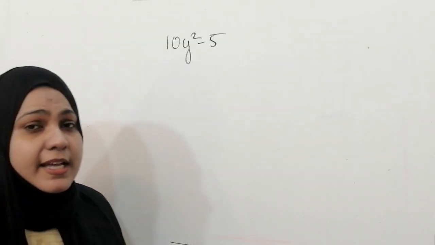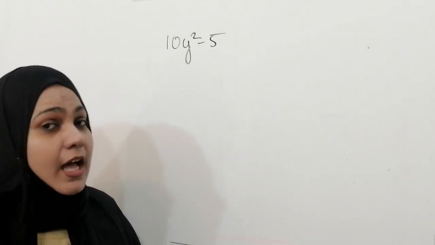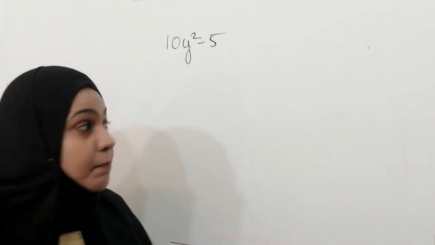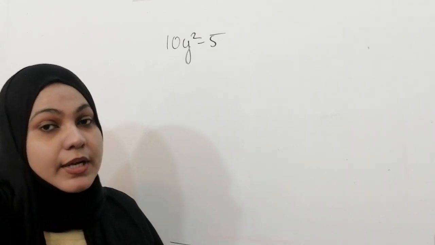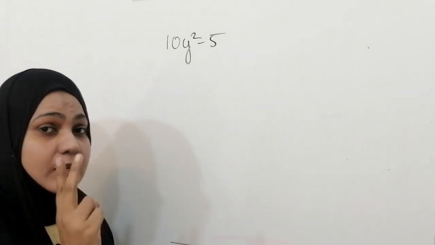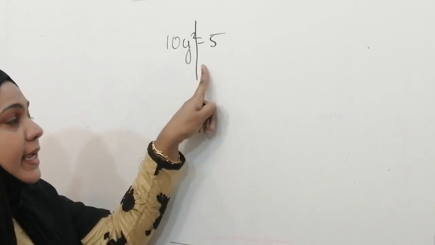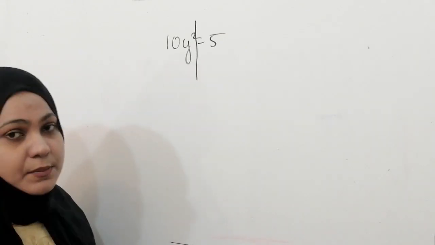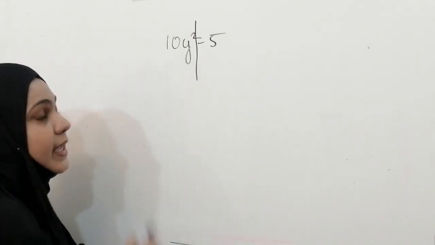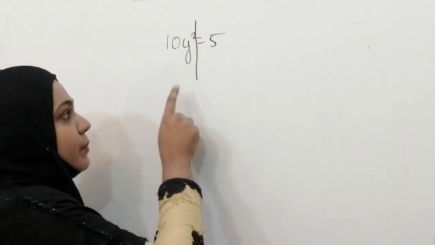This expression is very similar to the compartments of a train. So let's see how. You know that many compartments combine together to form a train. In this expression, there are 2 parts. 10y square is one part and minus 5 is the second part. When we convert this algebraic expression into a train, how many compartments are here?